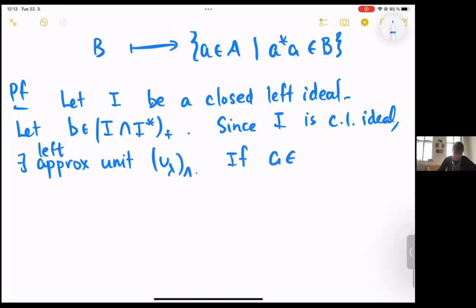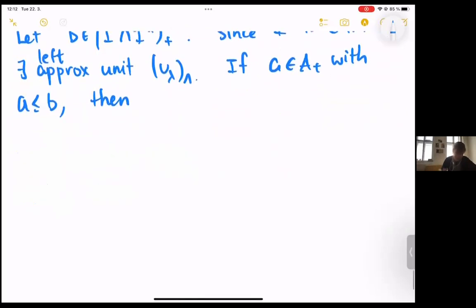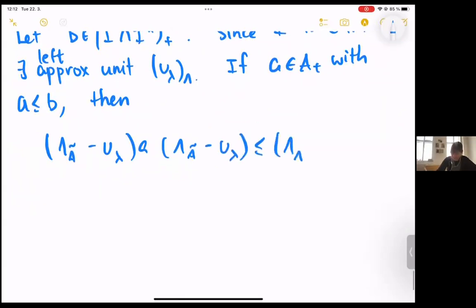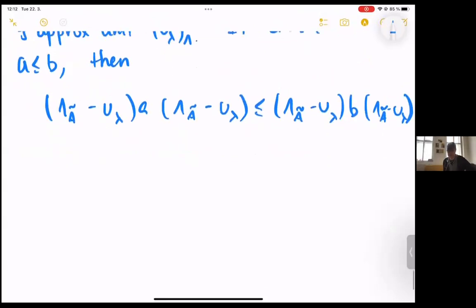And if a is in A plus with a smaller than b, then we have that 1_A tilde minus u_lambda a is going to be less than 1_A tilde minus u_lambda b, 1_A tilde minus u_lambda. And that's for every lambda, of course, which means that doing the same trick as before, this a half.